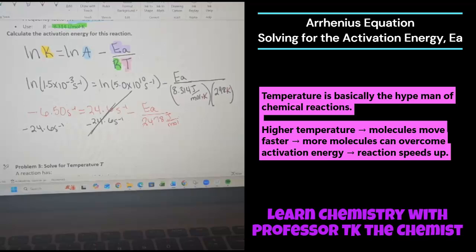So I got rid of that part right there, okay? So negative 6.50 minus the 24.6 gives us negative 31.1 per second equals negative E of A divided by 2478 joules per mole.